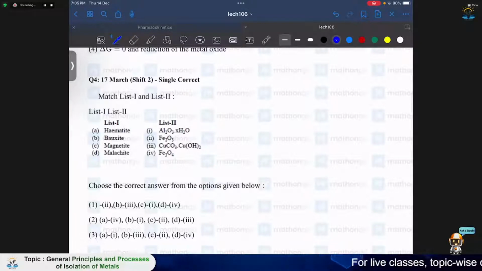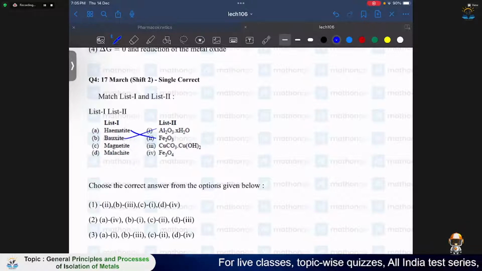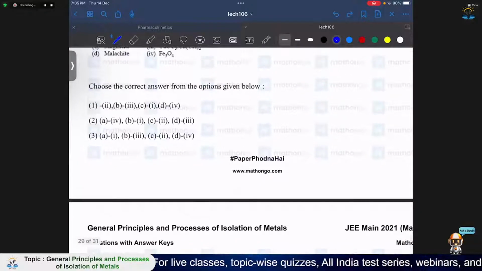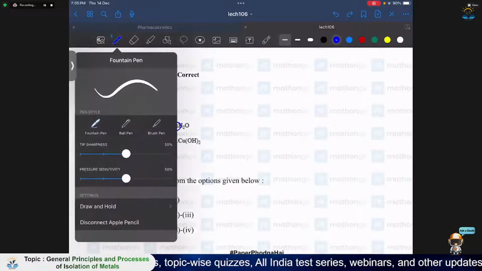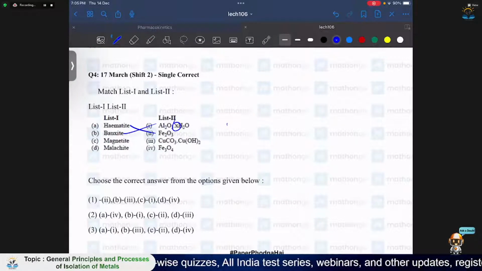Next, the overall question. Hematite, formula of hematite is Fe2O3. Formula for bauxite is alumina with a variable number of H2O. You can get multiple formulas for bauxite, so always see the most appropriate one. Here you don't see any other bauxite formula, so go with this.